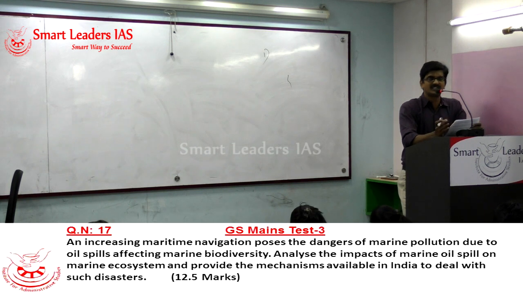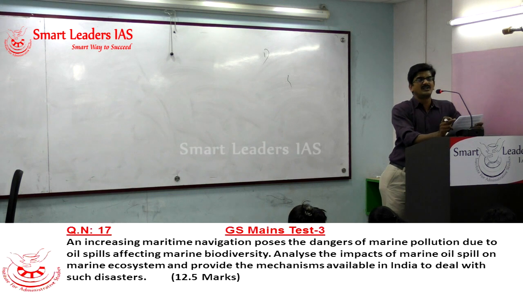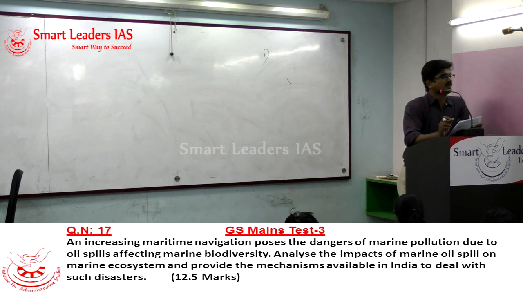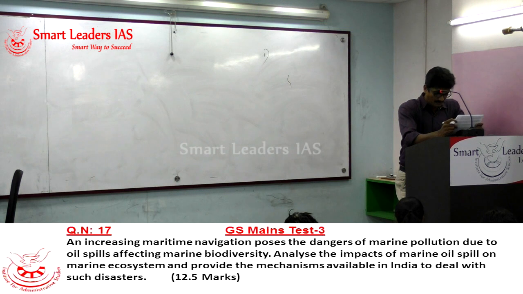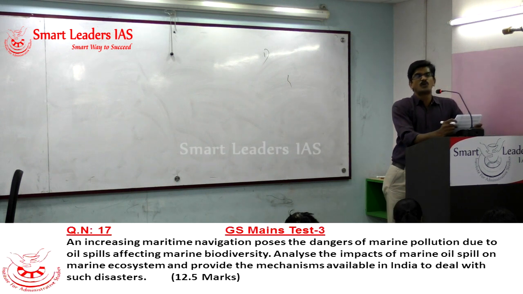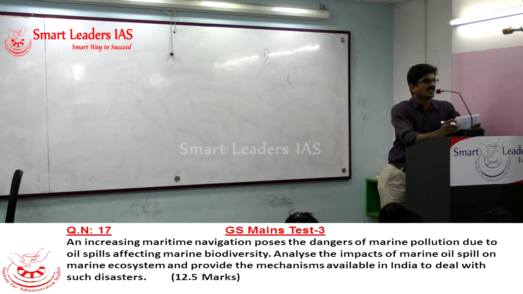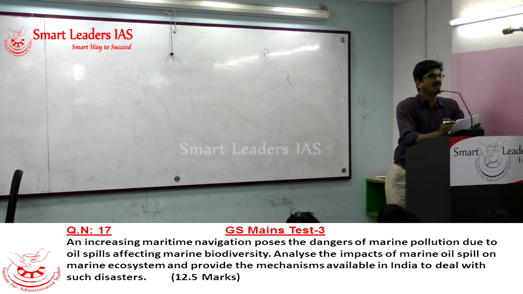But I don't know whether it functions. The second is National Oil Spill Disaster Contingency Plan. The second initiative we have, National Oil Spill Disaster Contingency Plan, with 50% support for equipments from central government.